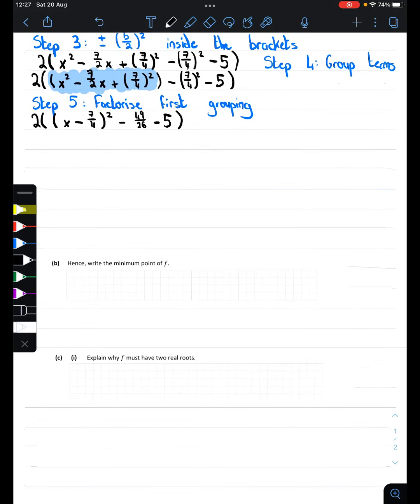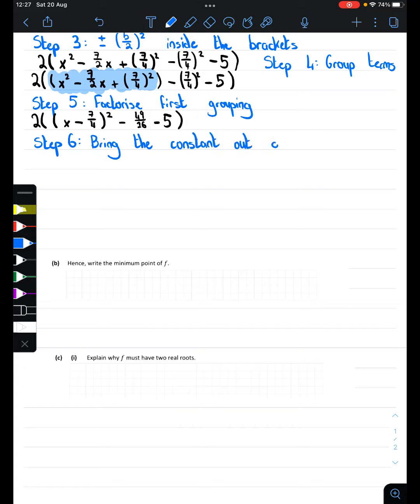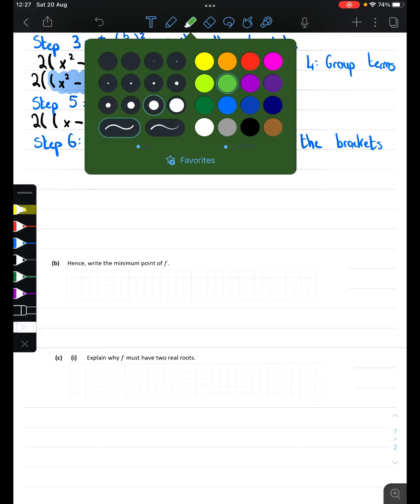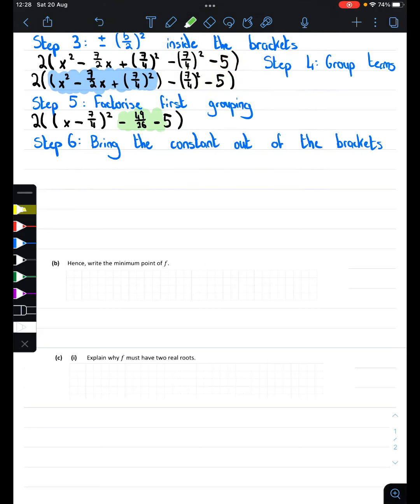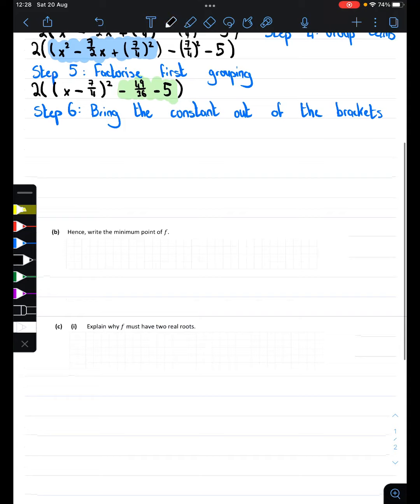Then step 6 is bring the constant out of the brackets. So we want this term outside the brackets.